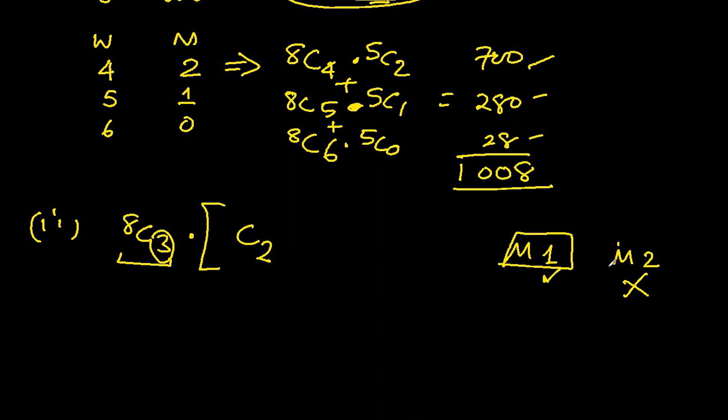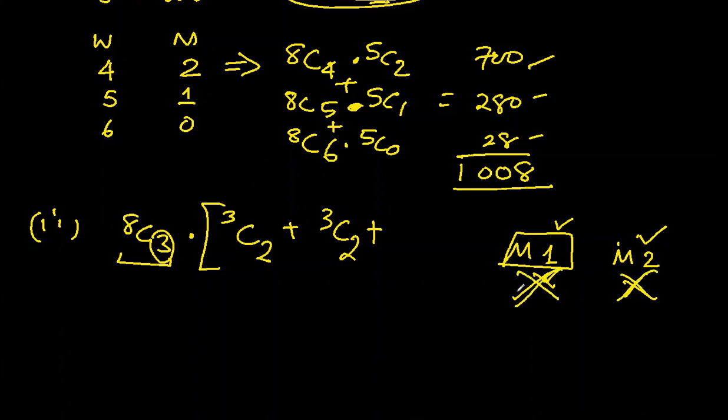There are 5 men. 1 man is already in the committee, the second cannot be selected. So we are left with 3, and out of those 3 we have to select 2. Same will happen if the second man is in the committee, but the first cannot be. So again 3C2. The third condition is that both men are not in the committee.